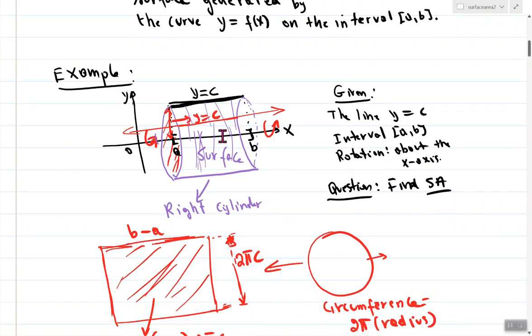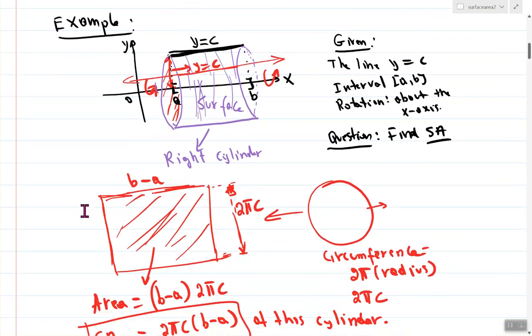Now if I have a knife, or scissors, and I slice the cylinder horizontally right here, and I open it, I'm going to have something like this, where b minus a is the height of the cylinder, and this distance here is the circumference, which is 2 pi times c.